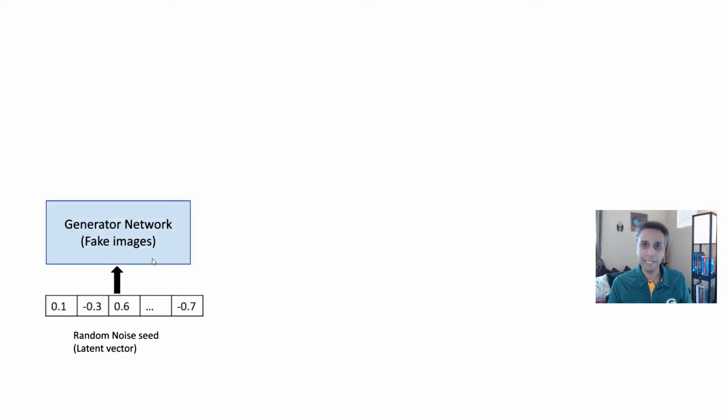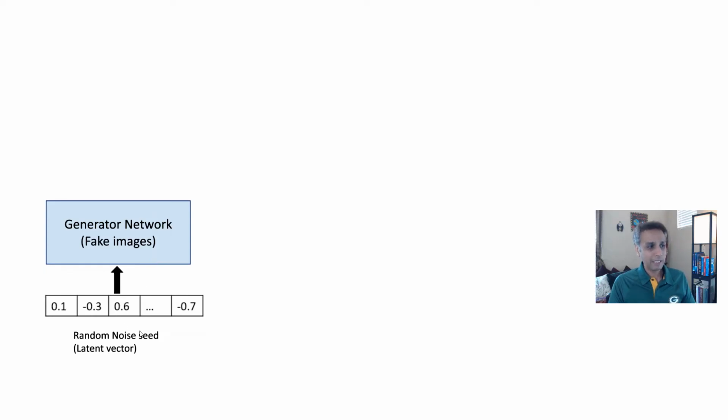If you look at other videos on YouTube or read documentation online, you see these terms. That's why I'm including both here. Latent vector, random noise seed, or whatever it is. This is basically a noise that goes into the generator network. And the generator network can be a convolutional network. It can be dense layers only, like a fully connected network.